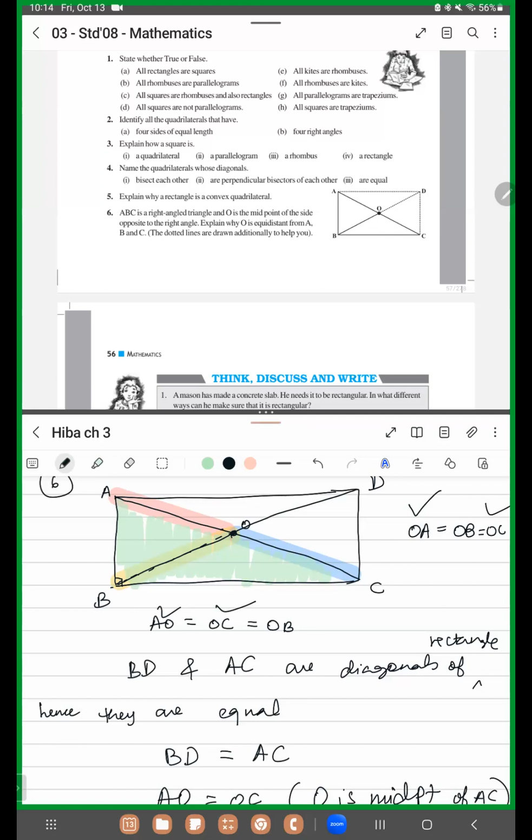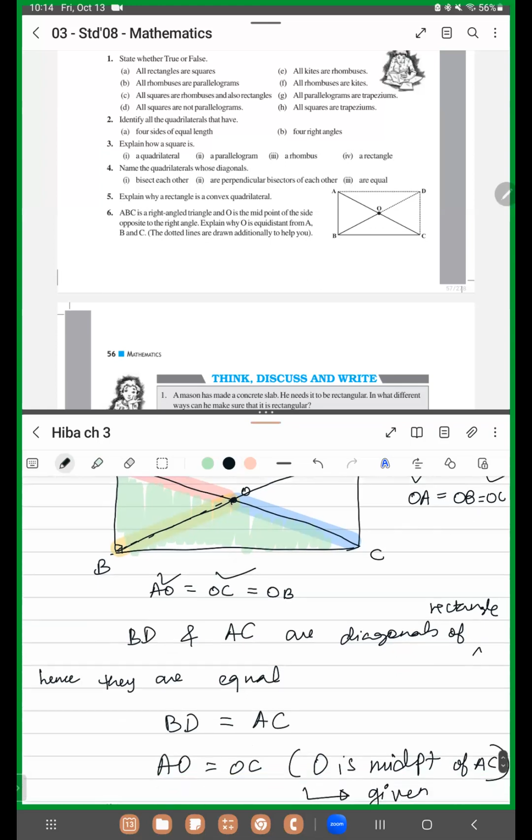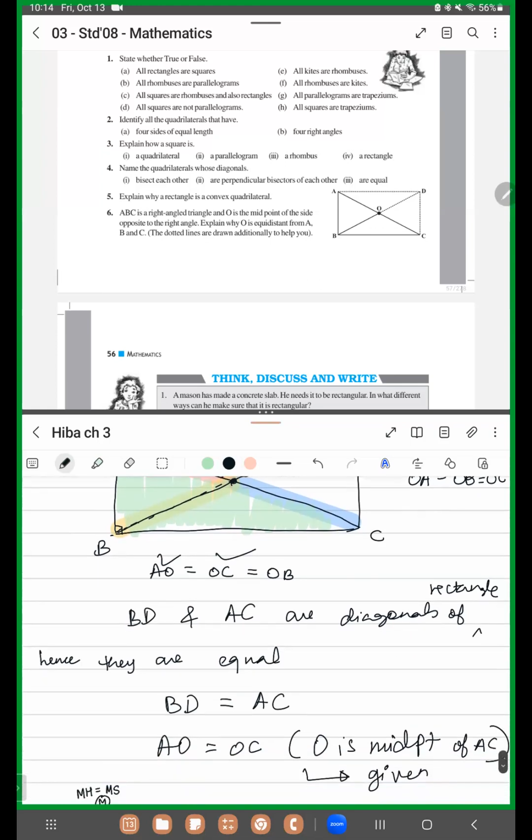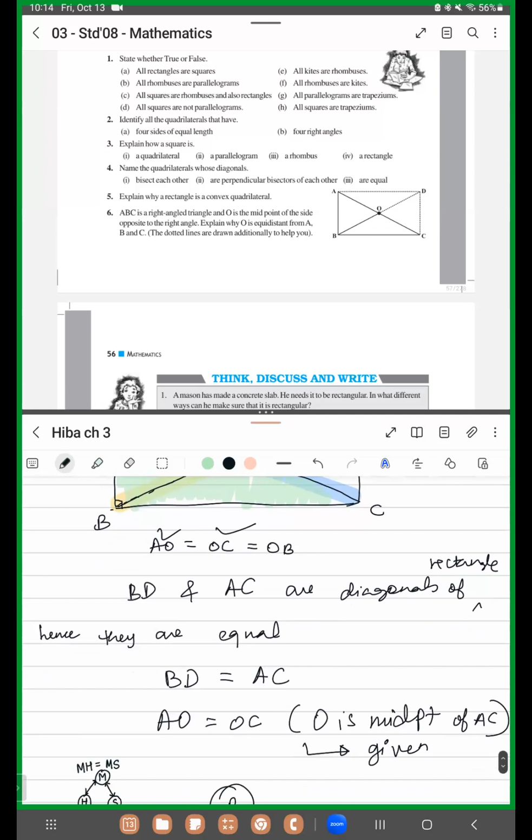How is it given? They are telling you that it is the midpoint, right? So this part is already given. We just need to show that OA is equal to OB. Did you understand? Yes.